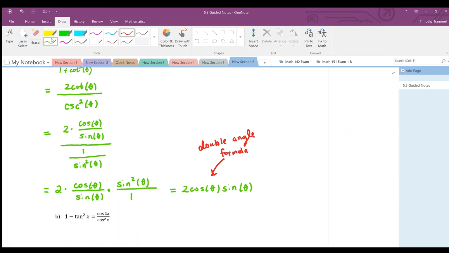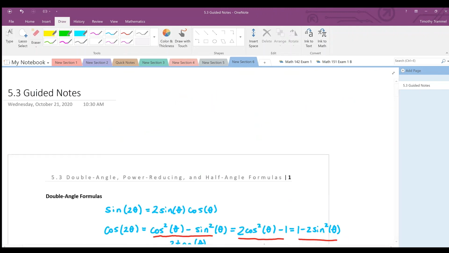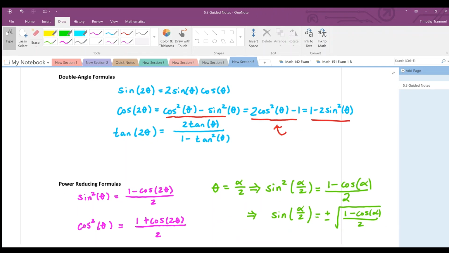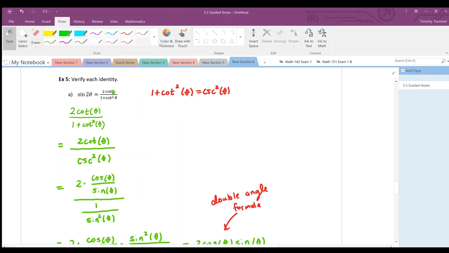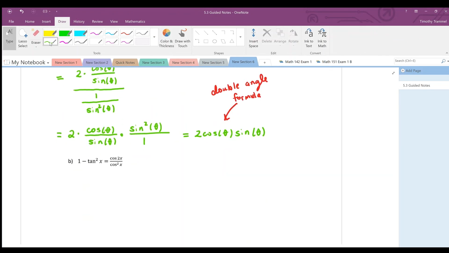All right, and the double angle formula that we're looking for is the one that is sine of 2 theta is equal to 2 sine of theta cosine theta. In fact, it's the very first one on our list if we were to go all the way back up here. All right, sine of 2 theta equals 2 sine theta cosine theta, and that's exactly what we have. And so then this equals sine of 2 theta. And we are done with that one.